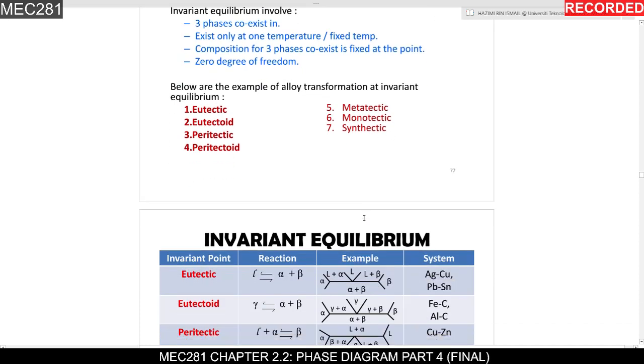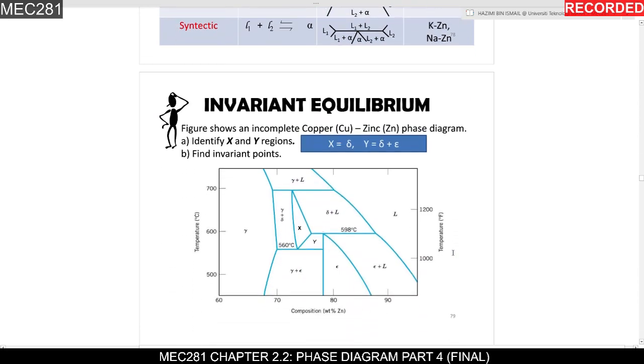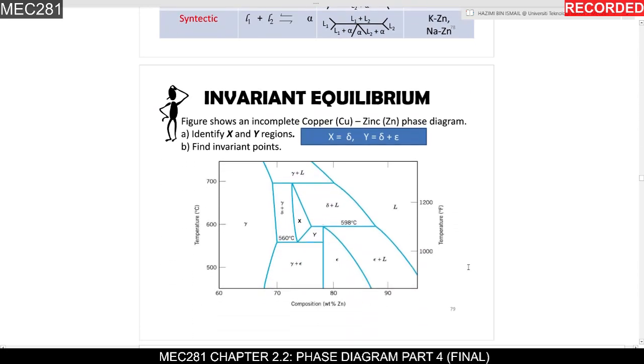Okay, so this is the summary of the reaction, an example of the composition, and also which alloy elements exist in that type of invariant equilibrium. Okay, so let's get to the example here.